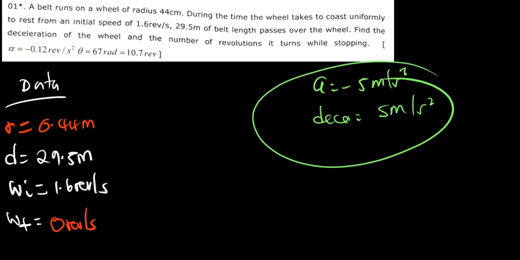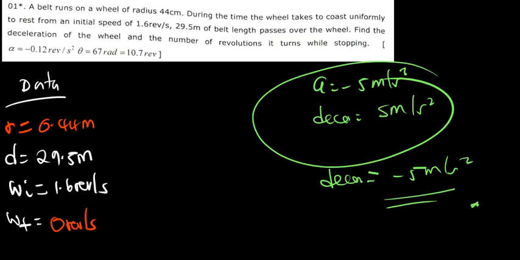If you're finding acceleration and you find that it is negative, that is deceleration. So you can't say deceleration is equal to negative 5 meters per second squared. The negative itself represents deceleration.